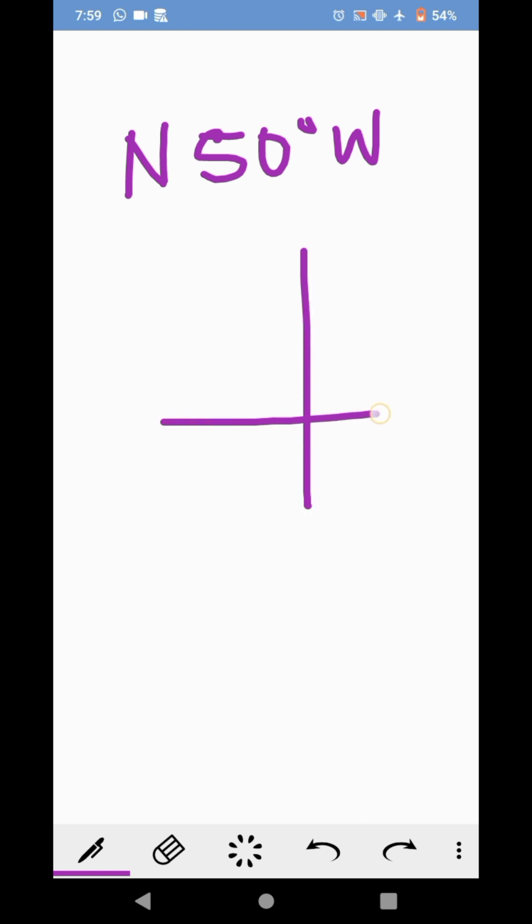So if I have north 50 degrees west, this is in the fourth quadrant, of course. What would be the 3-digit bearing of this? Now we know that this is our 45, that's 315 degrees, and this place is 45 degrees.